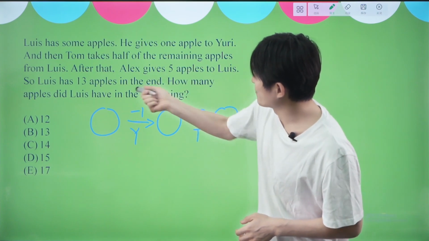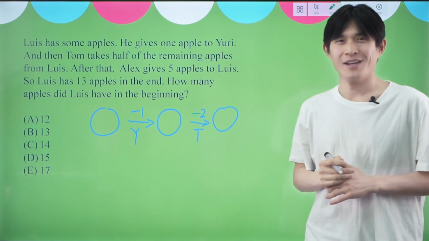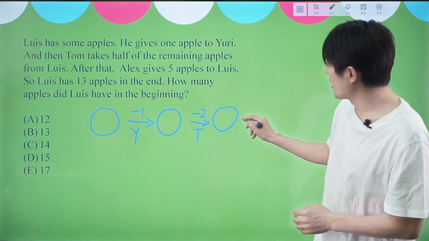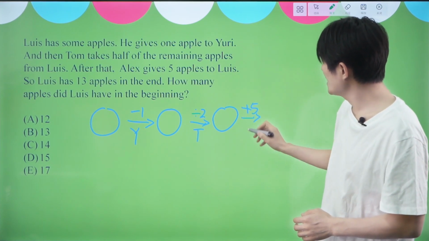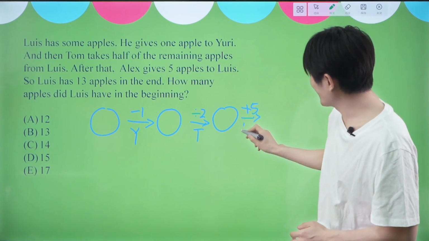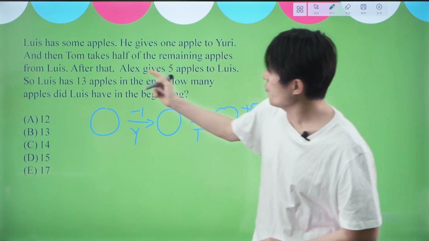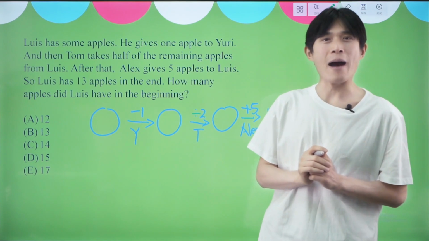After that, Alex gives 5 apples to Louis. So we need to add 5 apples. So here we go. Plus 5. Thanks for Alex. Haha, Alex. And then we get 13 apples.